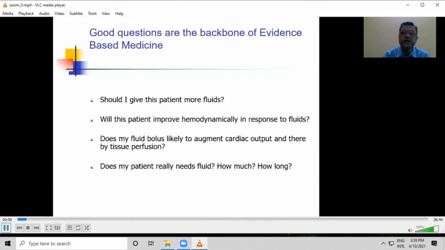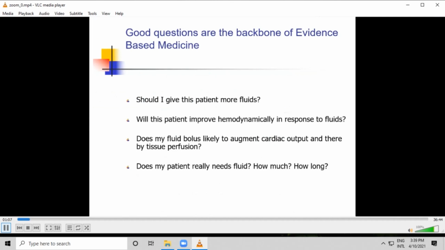All the good questions are always a backbone of evidence-based medicine. With respect to our topic today, the good questions which should come are: should I give this patient more fluids? Will this patient improve hemodynamically in response to the fluids?